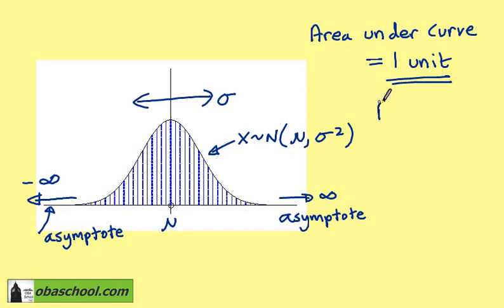And this is a very important feature, since it qualifies this curve as a probability density function. We know that the probability of a certainty is 1, and the area under this curve in its totality is 1.